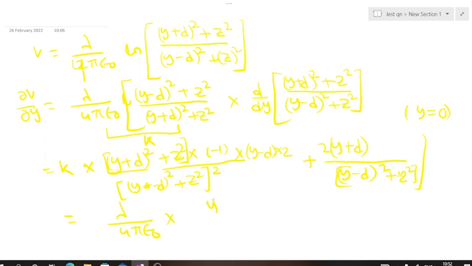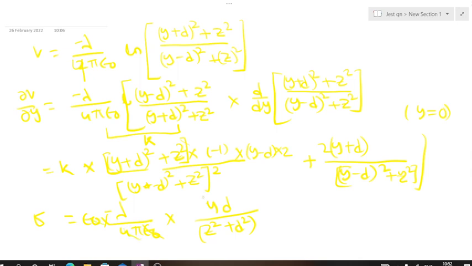Minus sign is according to the formula, and if this is sigma, then epsilon naught would come also, minus 4 pi epsilon naught into, by solving, that will be 4d divided by z square plus d square.